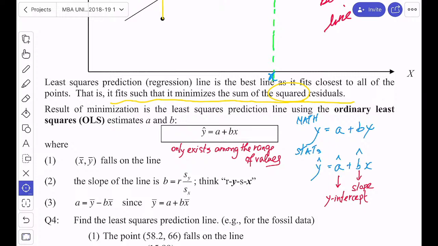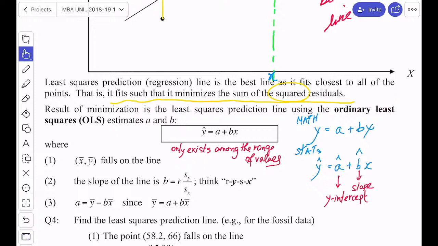So we draw it around the data. We don't imagine it extends, because you can get bizarre interpretations if you try to extend that line beyond the range of values of the data.